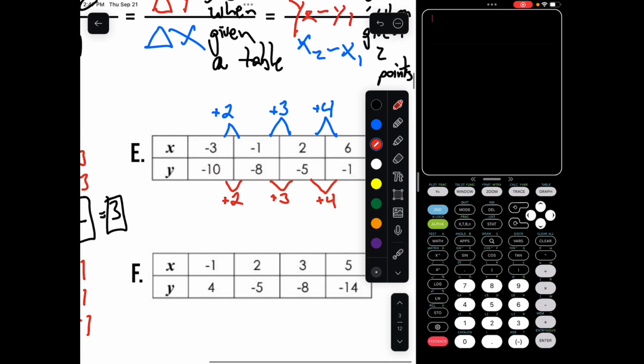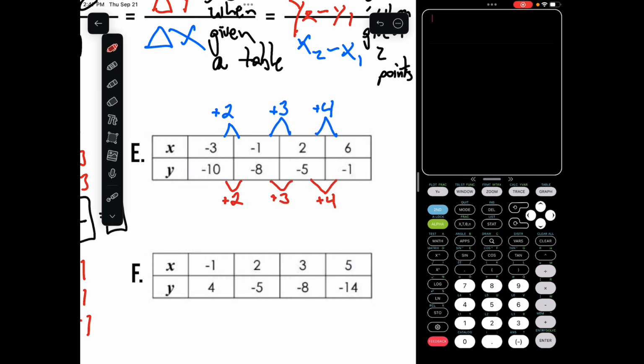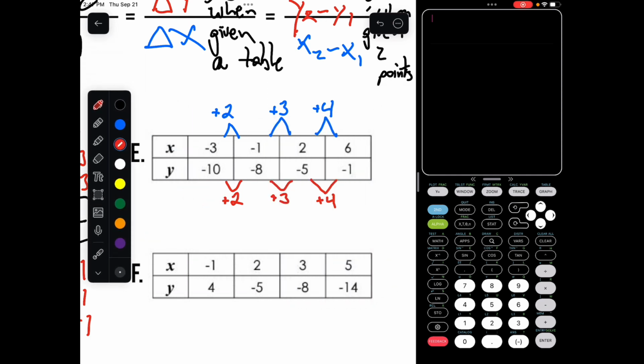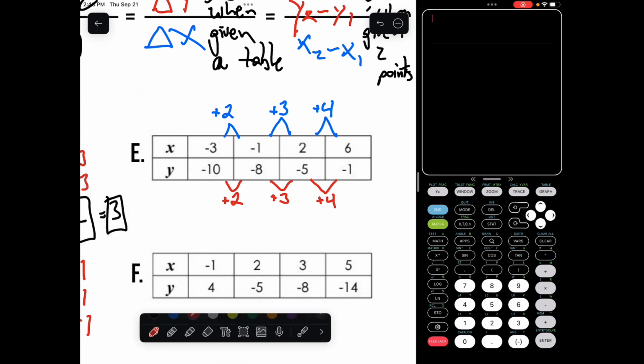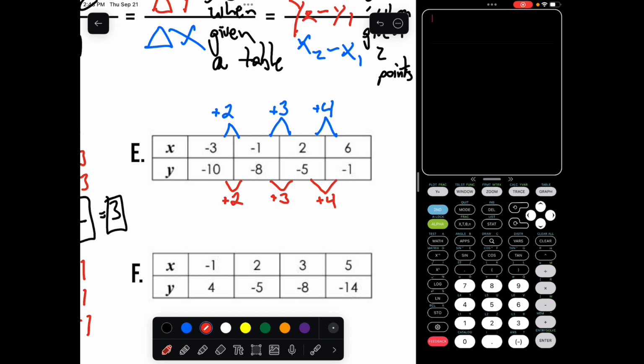So if I look at each one of these, I don't need a calculator to do this, but it's just so you can see it. Let's move this. Okay. My slope is my change in y over my change in x.